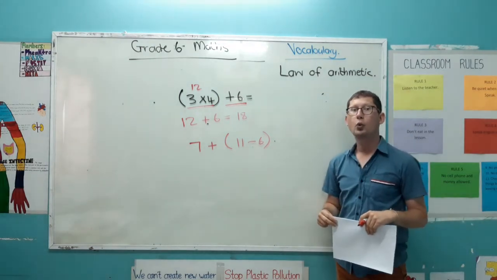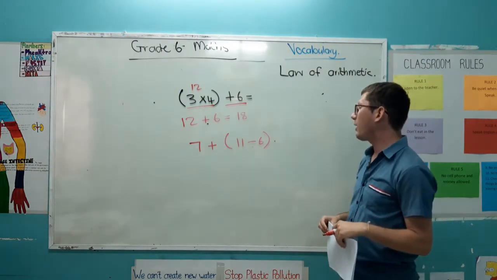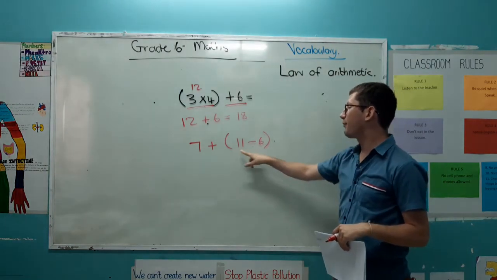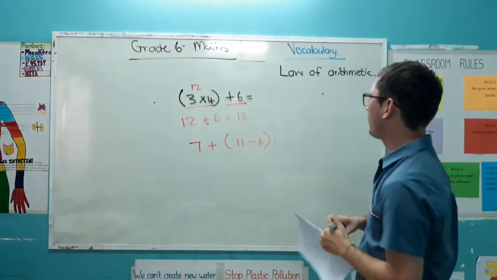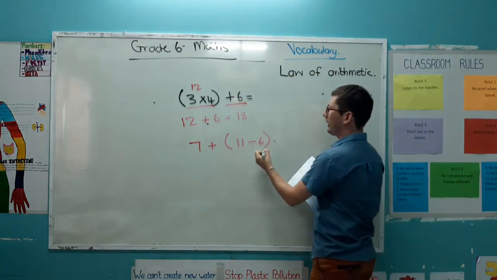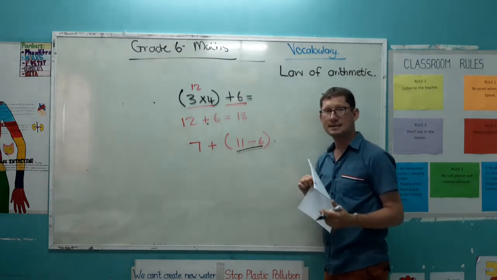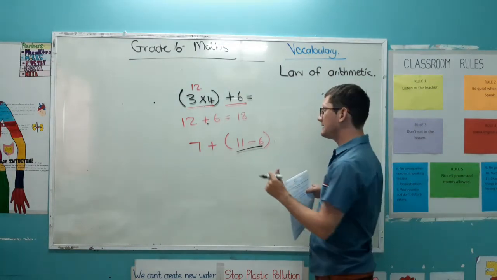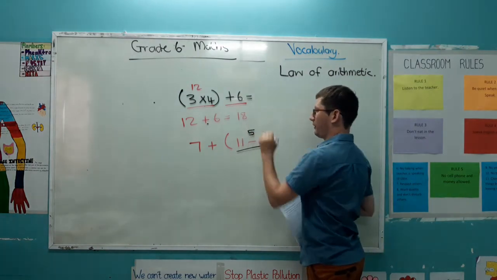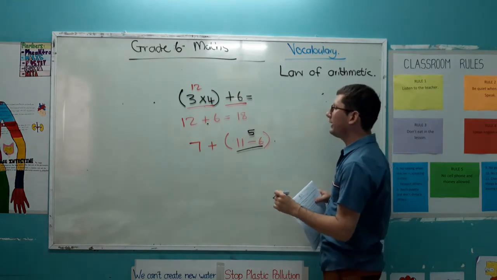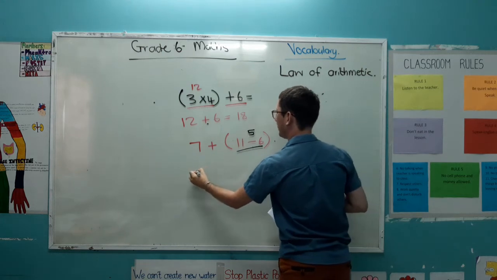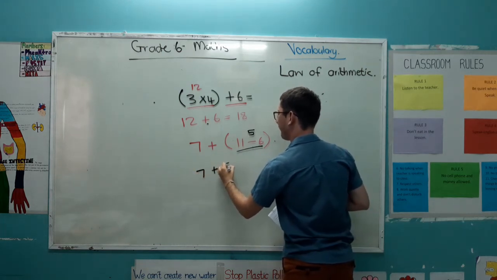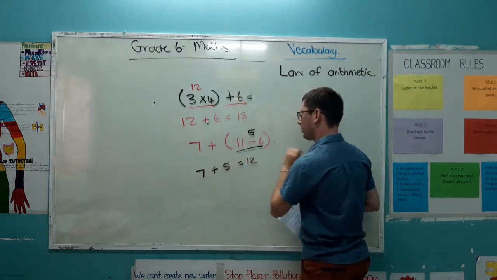First of all, we look for a bracket. So there's the bracket. Let's use another color-coded pen. First we have 11 minus 6. 11 minus 6 is 5. Then we add 7 plus 5. 7 plus 5 is 12.